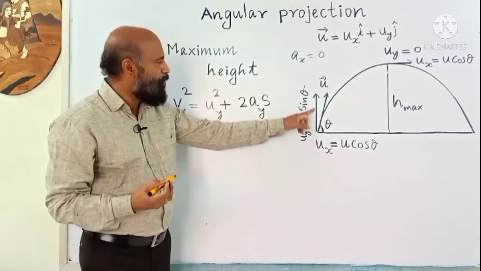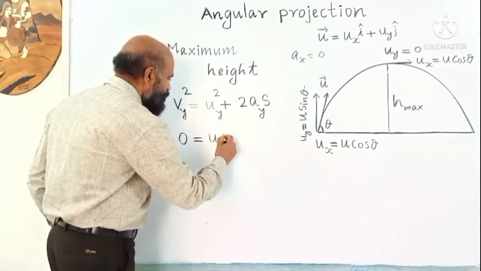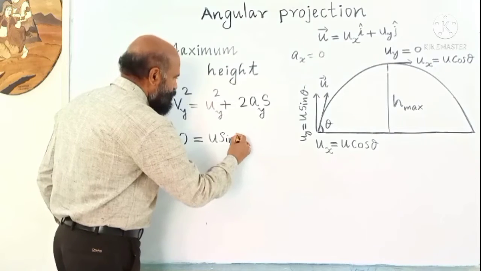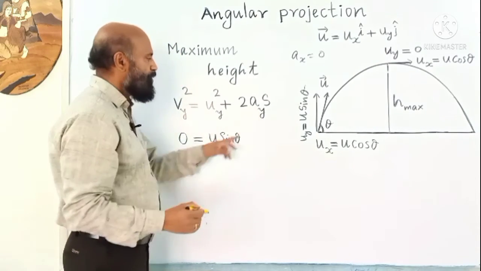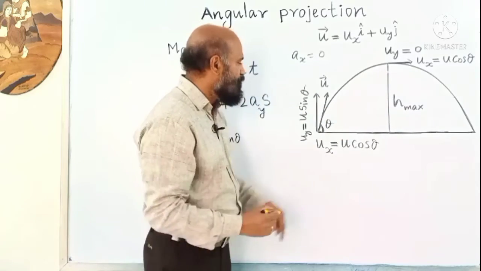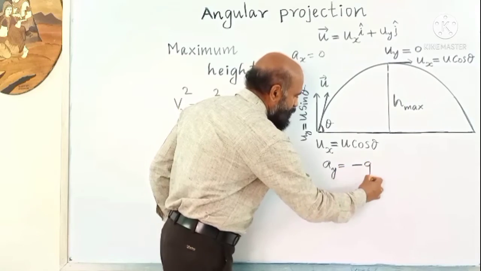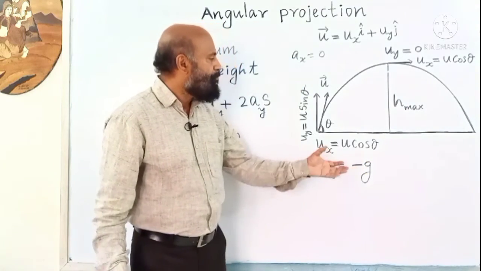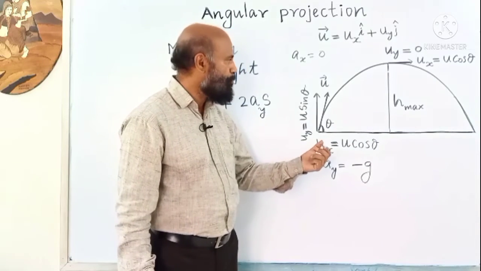Uy, initial velocity in the vertical direction, is u sine theta. Then ay is minus g, because acceleration is opposite to the direction of the motion.